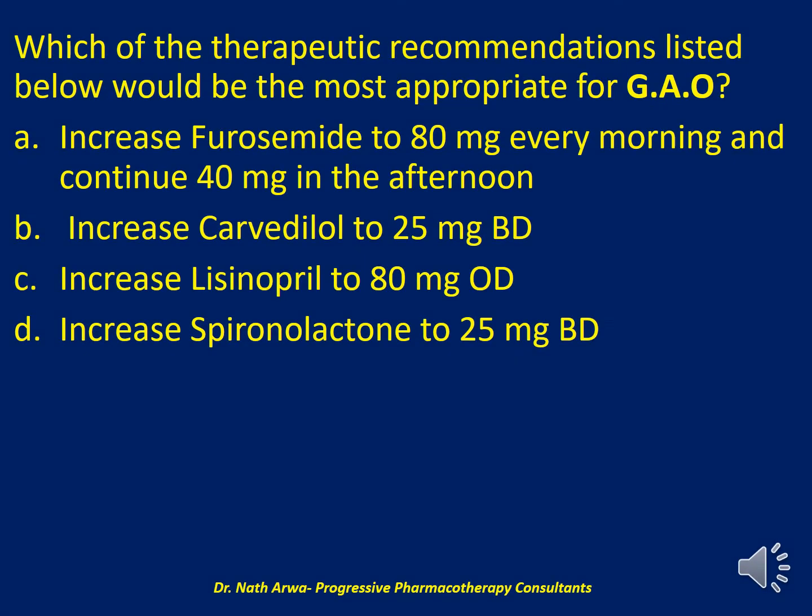So my question to you is, which of the therapeutic recommendations listed below would be the most appropriate for Mr. GAO? Would you opt to increase furosemide to a dose of 80 milligrams in the morning and 40 milligrams in the afternoon? Or would you double the carvedilol dose to 25 milligrams twice daily? Or would you double the lisinopril dose to 80 milligrams once a day?